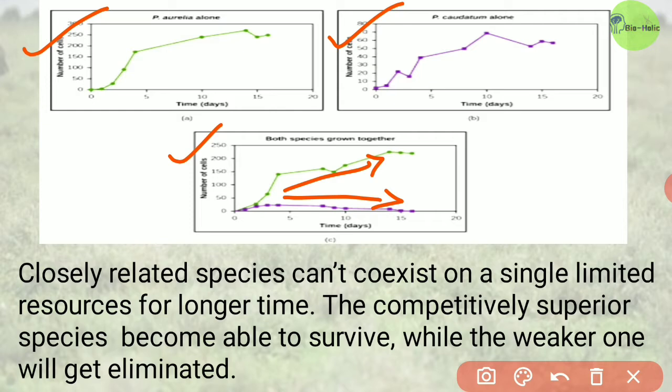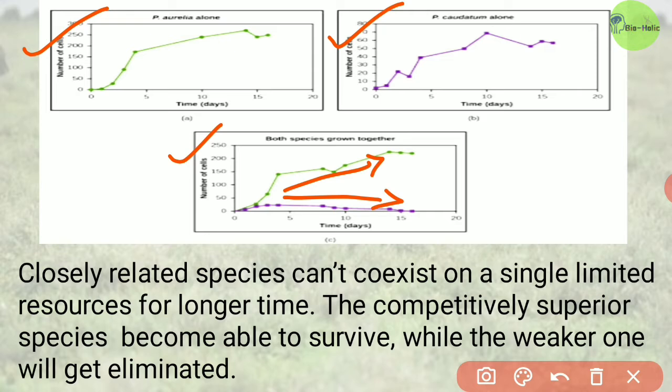So here Paramecium aurelia is a strong competitor. So here we can see that first of all separately they were grown according to their ability to consume the resource of the culture medium. But when they were grown together, then there is a decrease in Paramecium caudatum population and increase in Paramecium aurelia population.